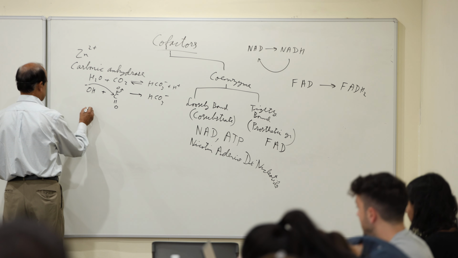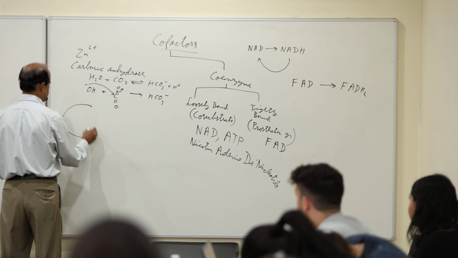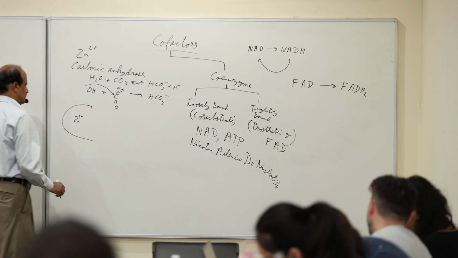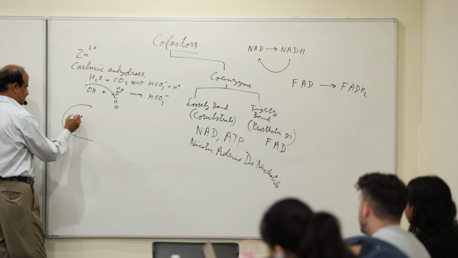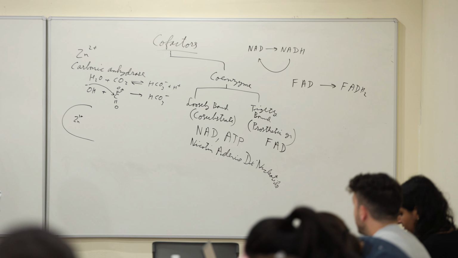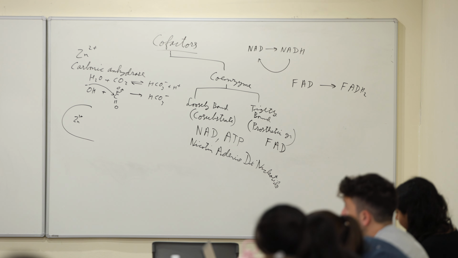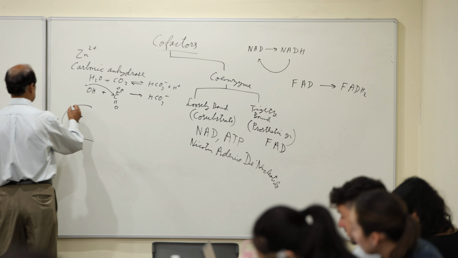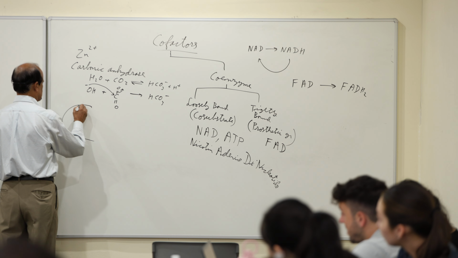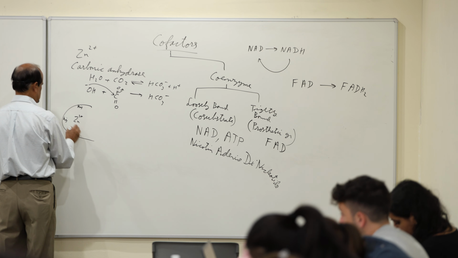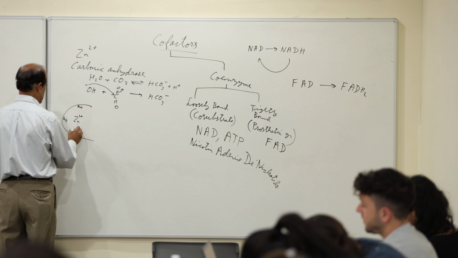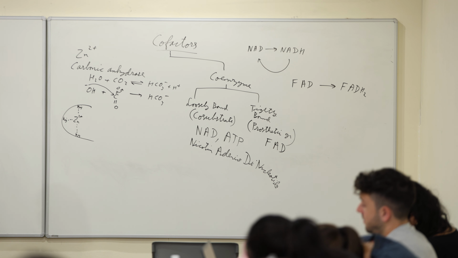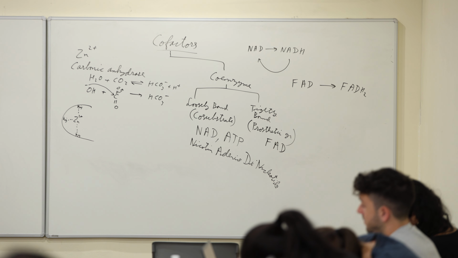So here is your enzyme, and there is a zinc ion at the active site somewhere. Remember zinc is the prosthetic group, so it must be very tightly bound. So it must be binding to something in the enzyme, and they found this. There are histidines at the active site that interact with the zinc and keep it there permanently. So it's a prosthetic group.